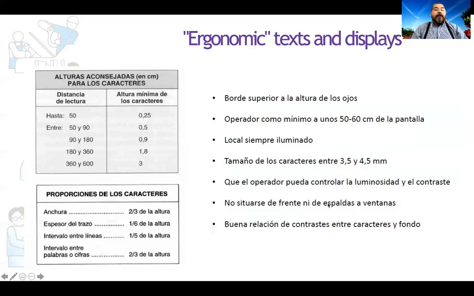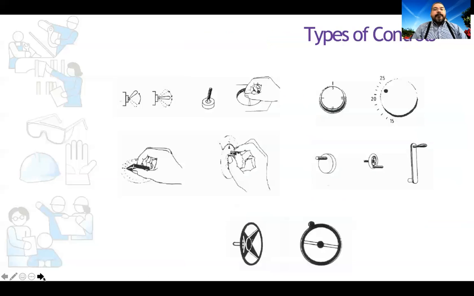And you should have a nice contrast between the background of your control and your characters. So it is recommended that the screen is a light color and the characters are a dark color. For example, the screen is white and the characters are black.